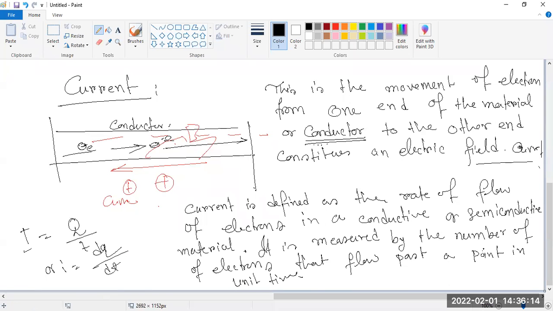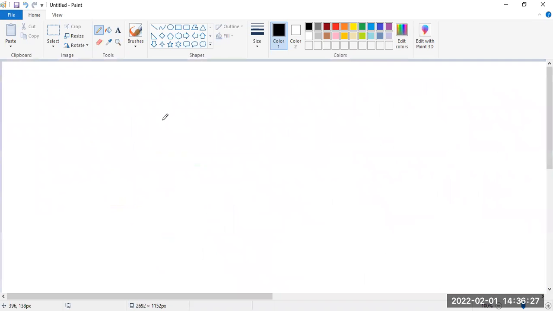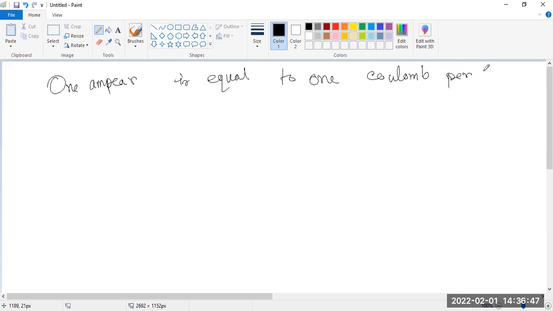The unit of current is the ampere. You all know this. So 1 ampere is equal to 1 coulomb per second.